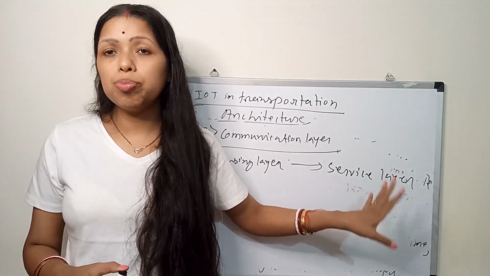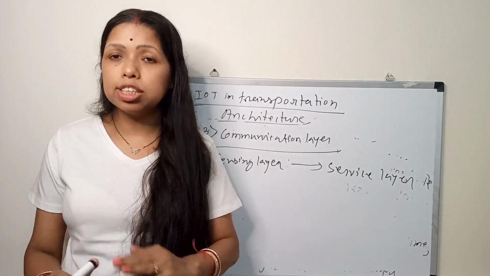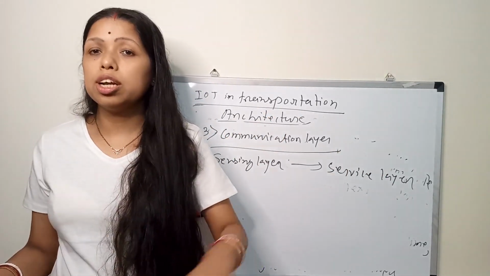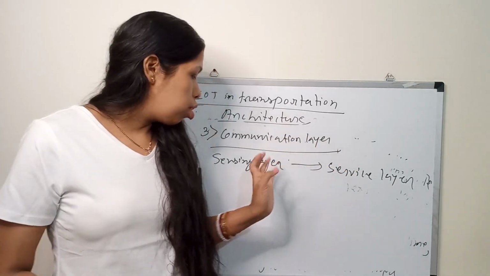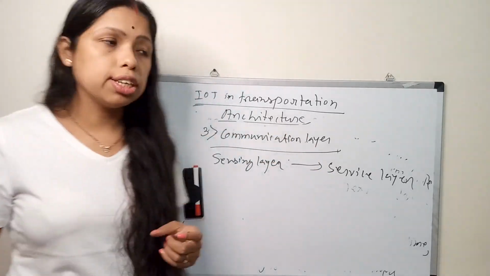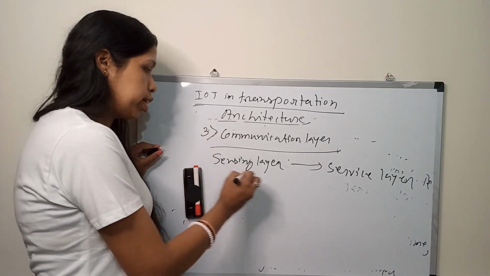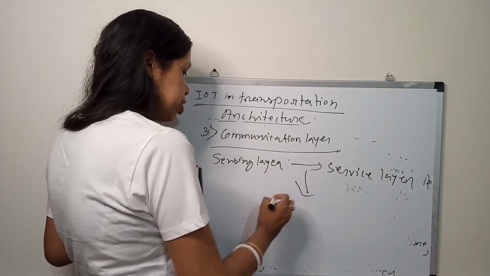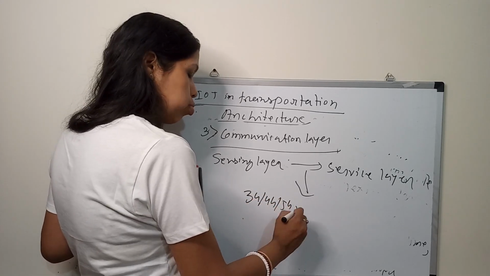This is through the communication protocol or communication network. Some channel of communication is required for transferring data from the sensor layer to the other hub of the IoT platform, so for that you need a communication layer. Communication layer means the platform through which we can transfer data. The channel may be 3G, 4G, 5G, Wi-Fi, or wired, where you can use optical fiber.